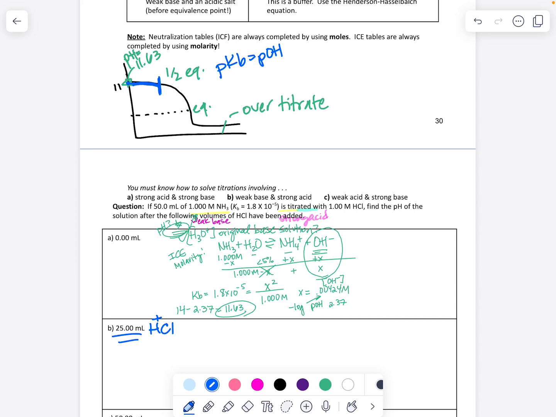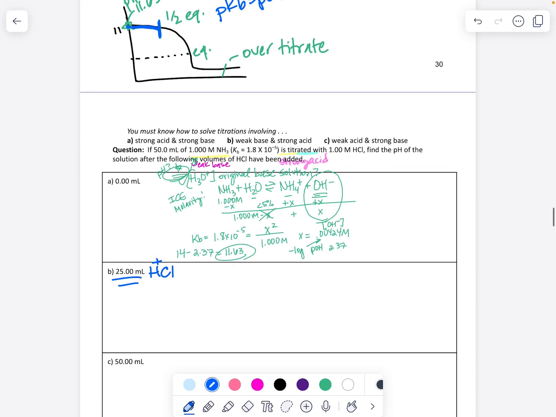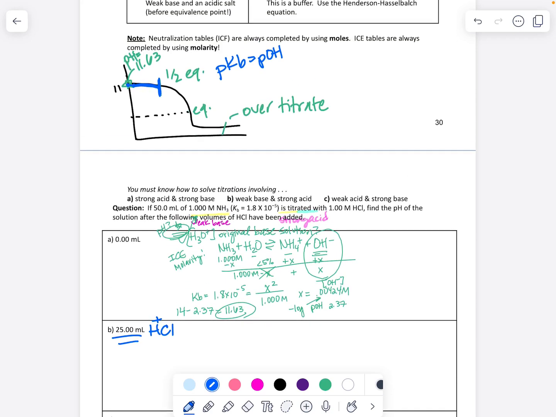Okay, so when I do these calculations, I need to think about how much was neutralized, and then I am producing a salt that also has acidic properties. And so I have to keep that in mind as well, because once I reach this half equivalence, another important thing I need to remember is I've created a buffer.